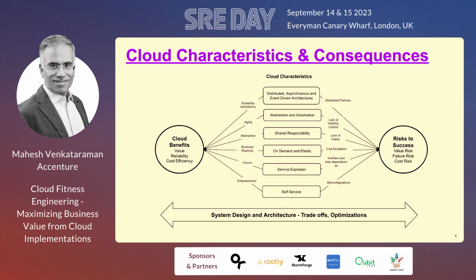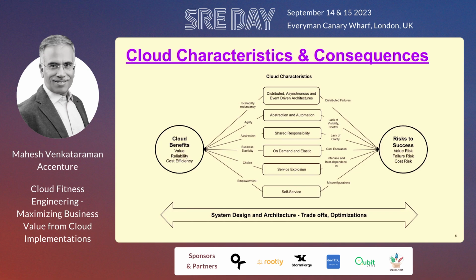Abstraction and automation are a big feature of cloud. It helps us be agile, but abstraction and automation can cause lack of visibility, lack of understanding for the operator. So similarly, the very characteristics of cloud that give us benefits also give rise to risks. And what are those risks? We'll come to that in a minute.